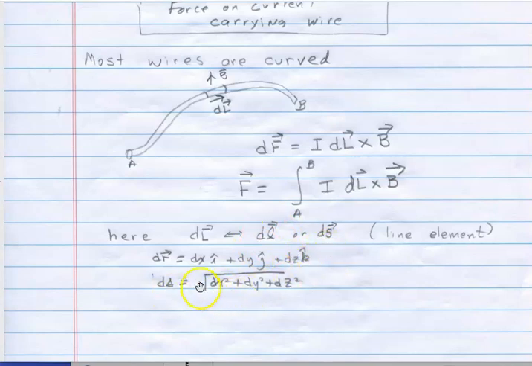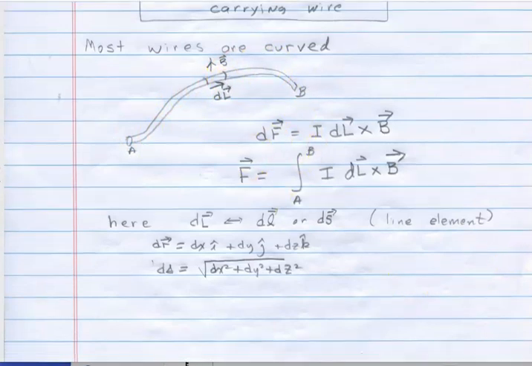Or you may have seen it as arc length vector, where this, using the distance formula, is the arc length along the curve. The way I think of the dL vector, it's a vector that is infinitesimal, but it points along the wire in the same direction that current is flowing from A to B, but it's an infinitesimal unit.